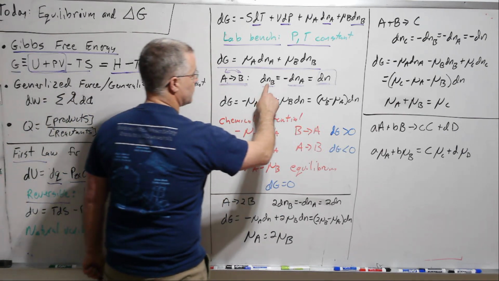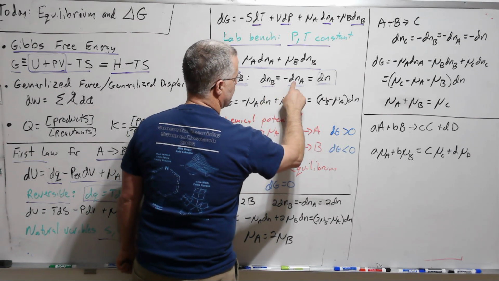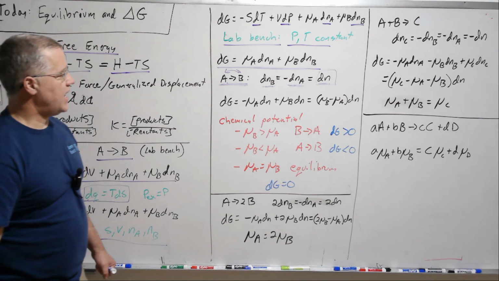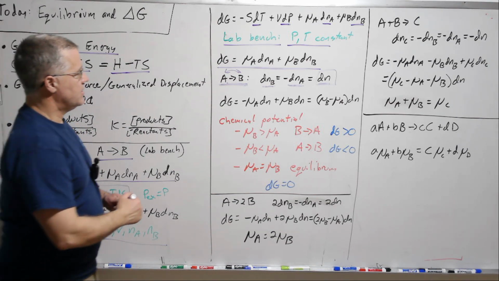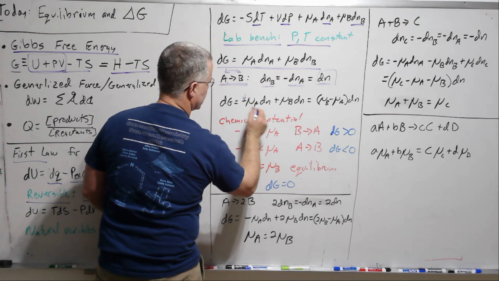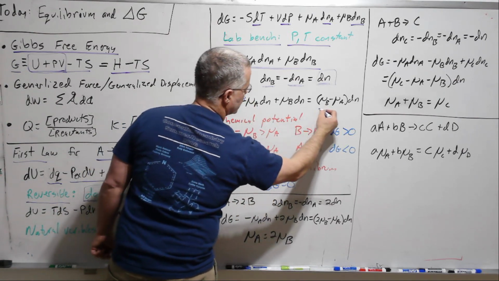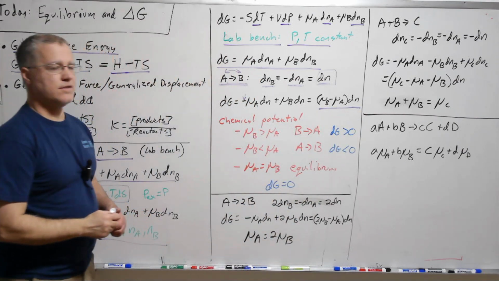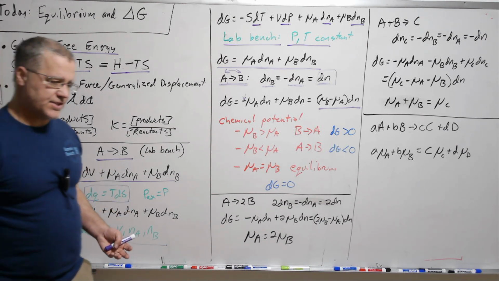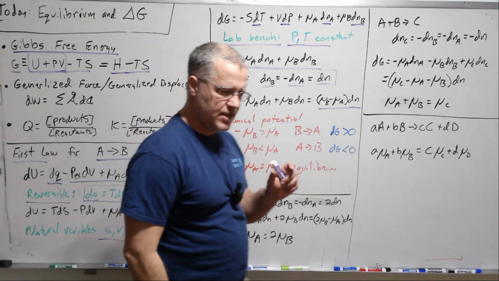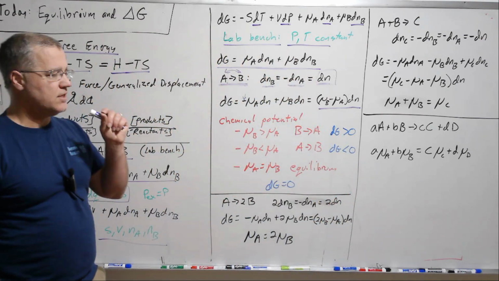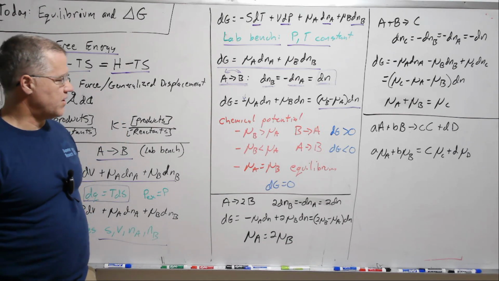So dn will be equal to dnB, and so wherever we see a dnA, we need to put a minus dn. So that's going to go right here. So this term, this minus comes in here. This goes as is, and then we get this expression. All right, so this is telling us how the little change in Gibbs free energy occurs with a little change in amount of material at the lab bench.